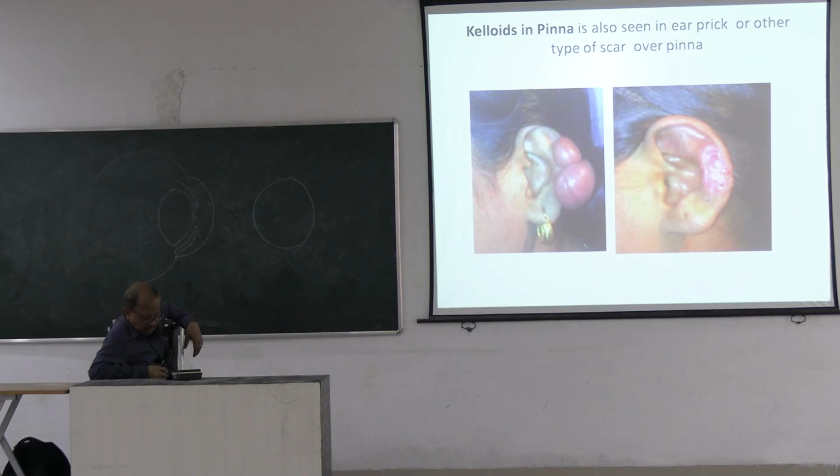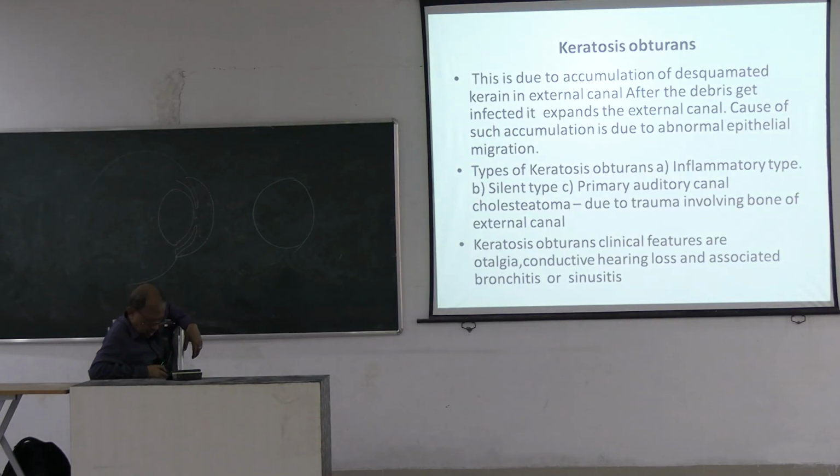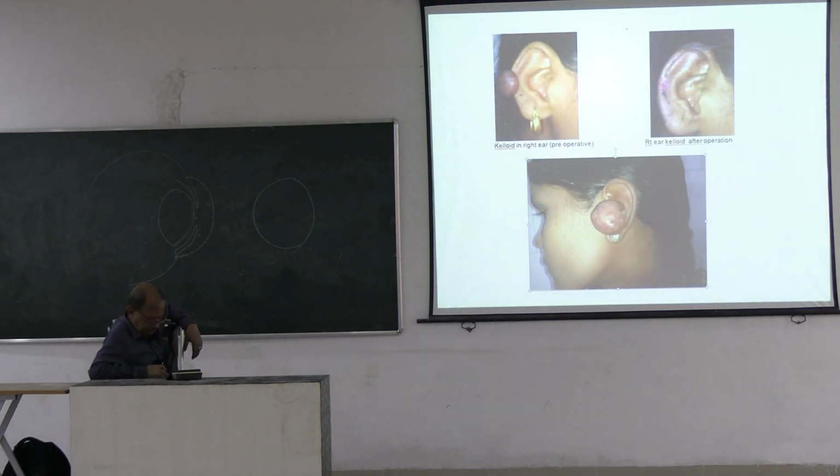This is the keloid of the pinna. It is seen after ear piercing or other types of scar over the pinna. It is a hypertrophic scar due to abnormal fibroblastic activity. It happens with ear piercing, often from wearing earrings. Keloid. This is post-operative, pre-operative.